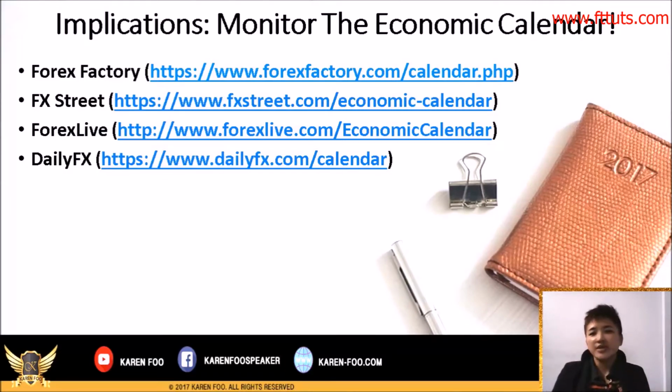If you go to the Forex Factory website, you'll see a lot of color codes, which are red, orange, and yellow. The red ones would be the high impact events. The orange ones would be medium impact, whereas the yellow ones would be low impact events.